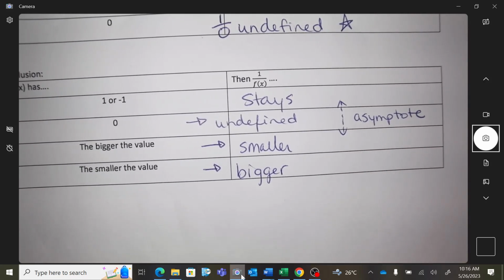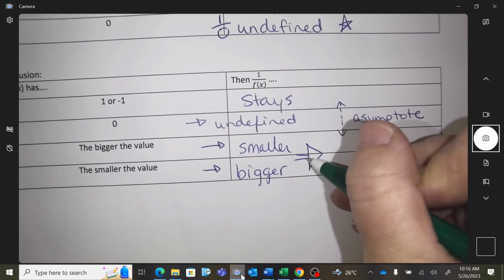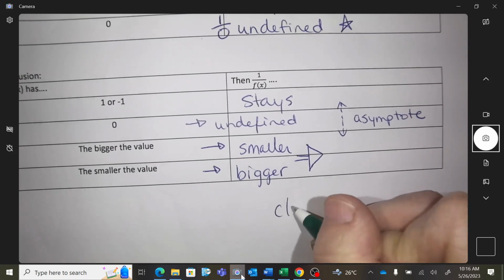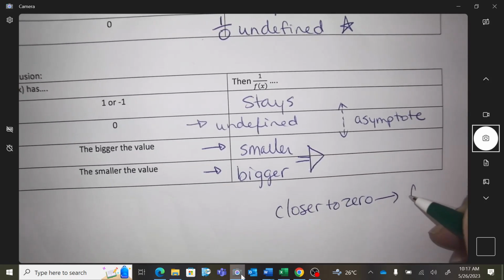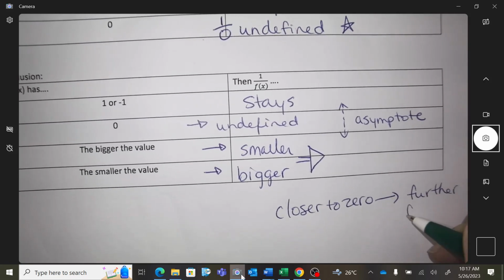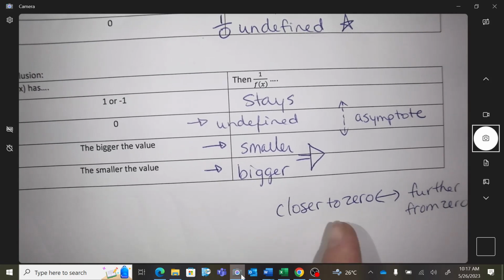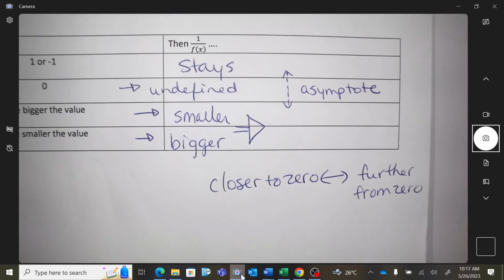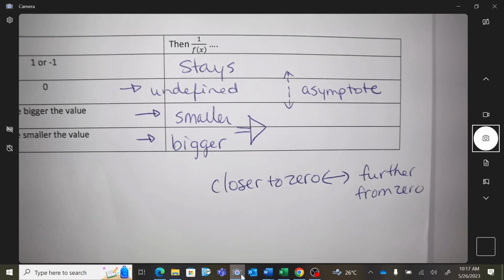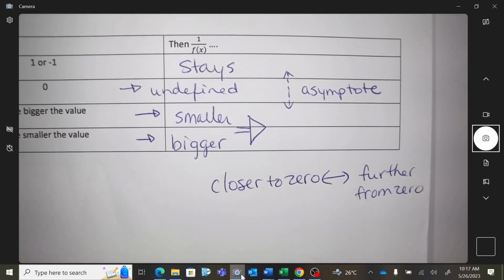I also want to think about this as another way to say, if you are closer to 0, you would move further from 0. And if you're further from 0, you would move closer to 0. Okay, that's the same thing, right? If I'm big, I get small. Small, I get big. Okay, these 4 ideas, and then you're ready to graph.